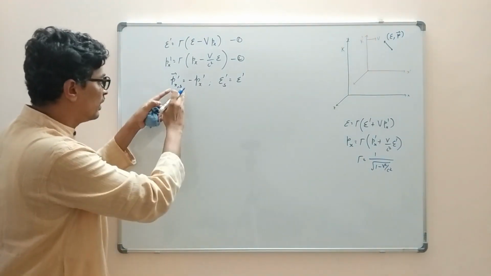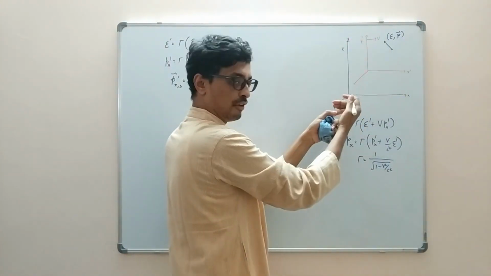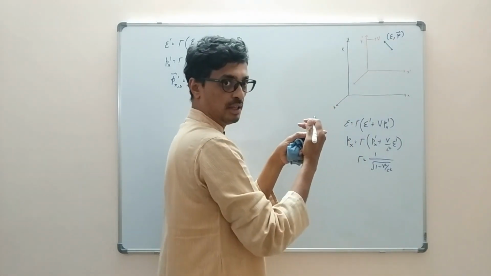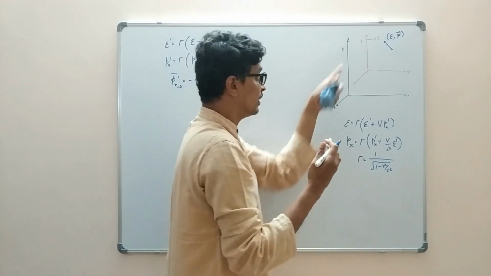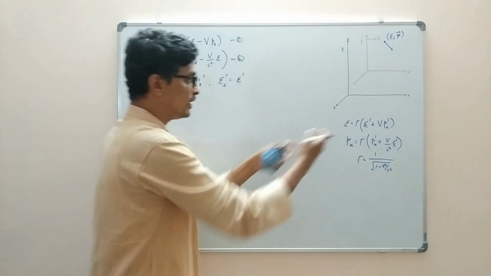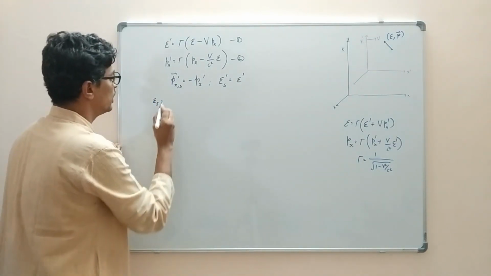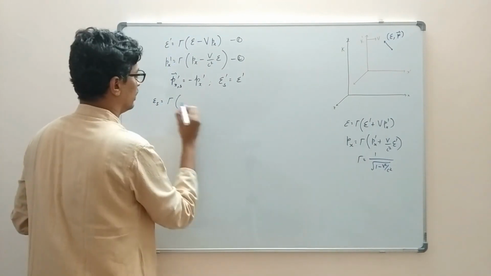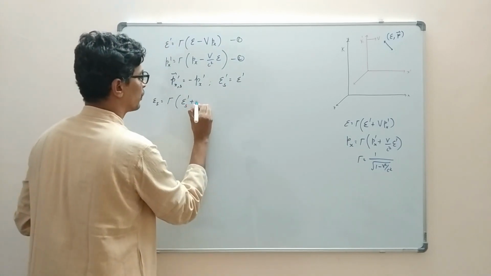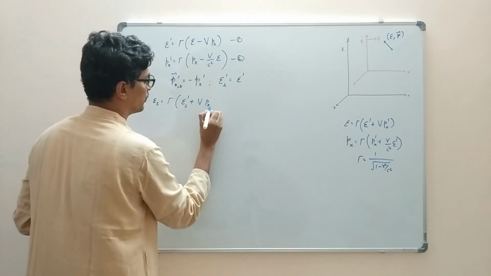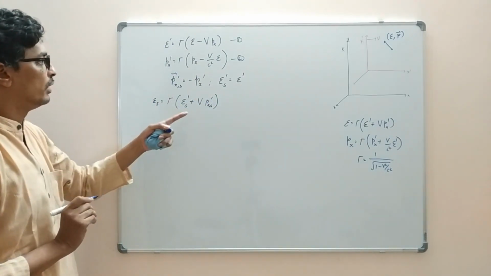So now we have considered the collision in the K prime frame. Now let us jump back to the K frame and see how the scattered momentum and the scattered quantity are going to be seen in the K frame. So from the same equation, your scattered energy epsilon S is going to be gamma times the scattered energy in the K prime frame plus V Px scattered in the K prime frame.